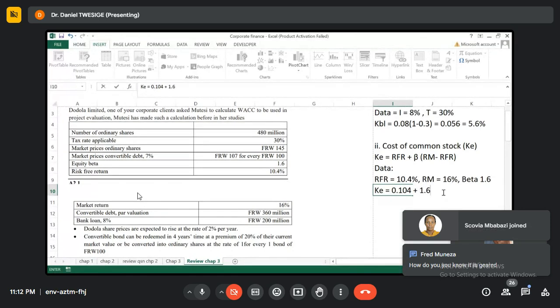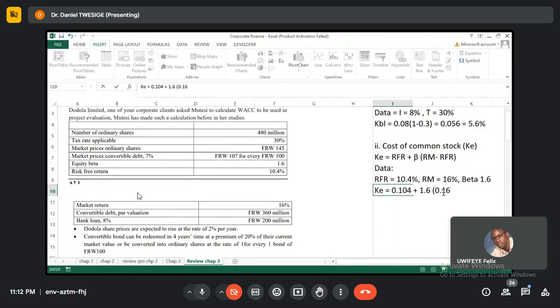KE equals 0.104 plus 1.6 into 0.16 minus 0.104.